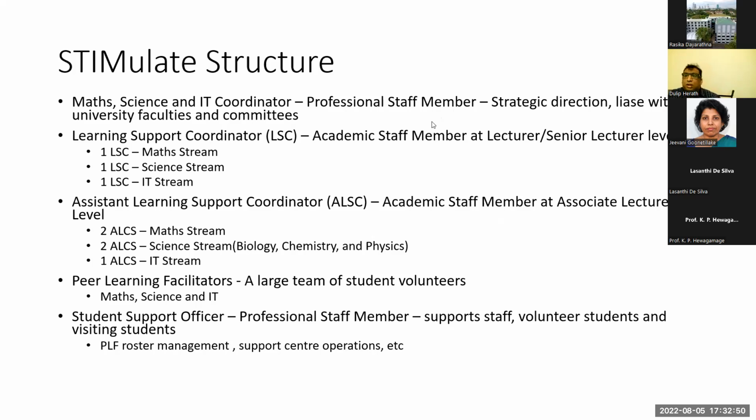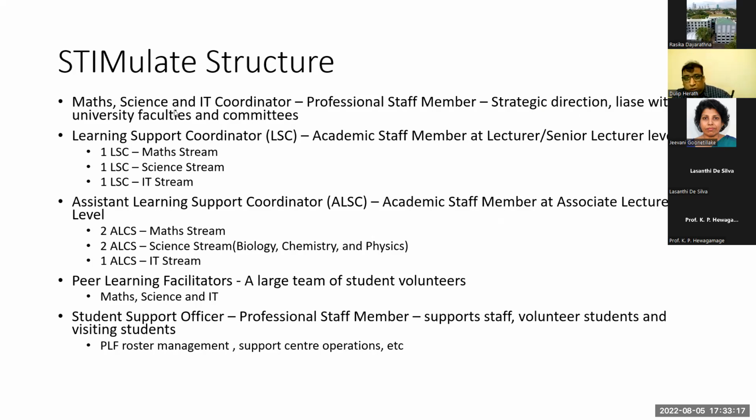In Sri Lankan context, we can say like administrative staff member. He's basically looking after the strategic direction and liaising with university faculties and committees. And that is basically the management done by a professional staff member.